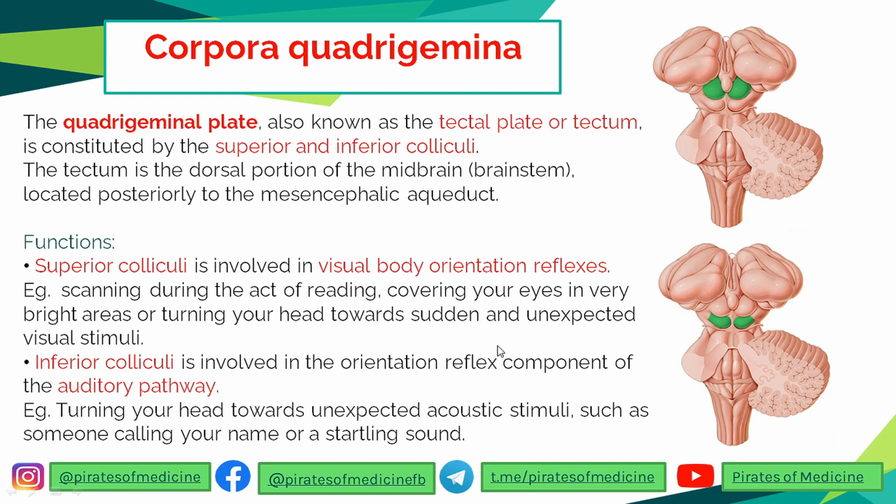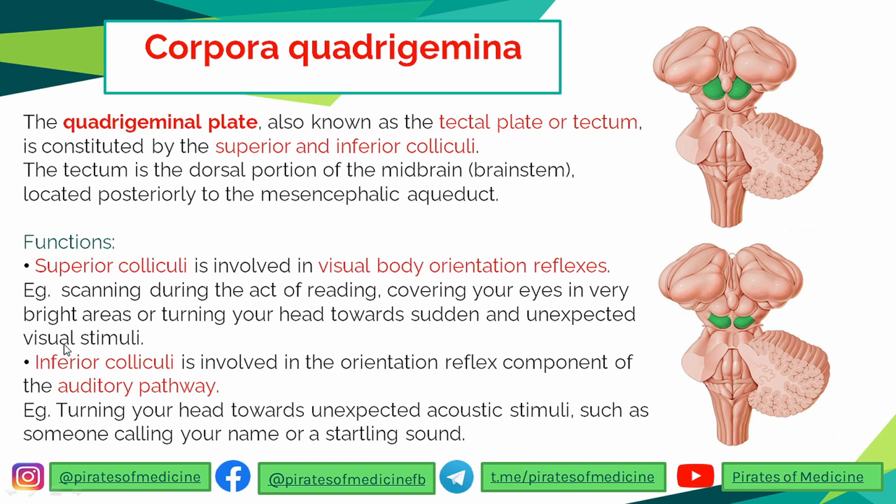auditory orientation reflexes. For example, visual means that you scan the whole book during the act of reading, or you cover your eyes in bright areas, or you turn your head towards sudden and unexpected visual stimuli. If you see in the periphery of your eyes that something is moving, you move your head in that direction. So this is the visual body orientation reflex.